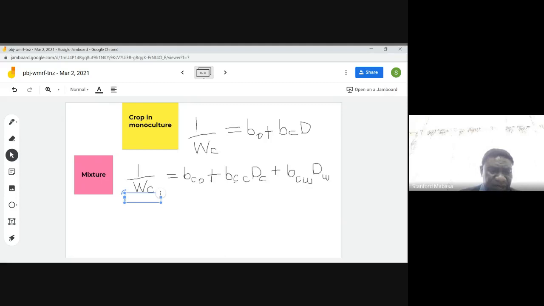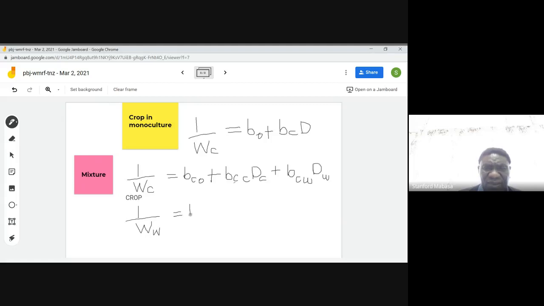Let me write here. Perfect. Crop. Now I want to write the expression for the wheat in the mixture. It will be 1 over W, small w representing the wheat.